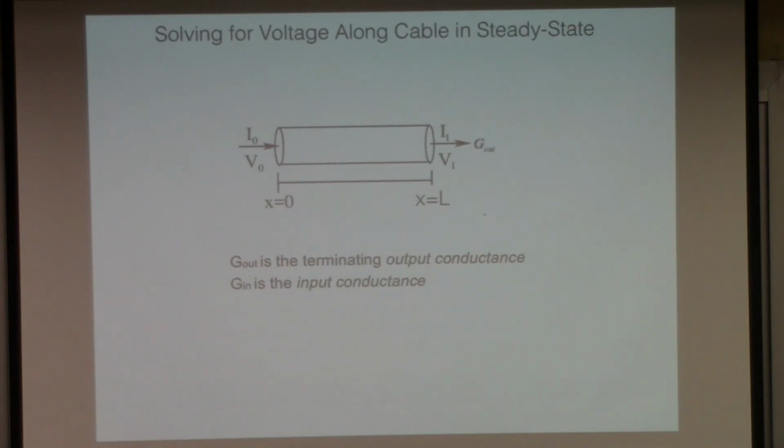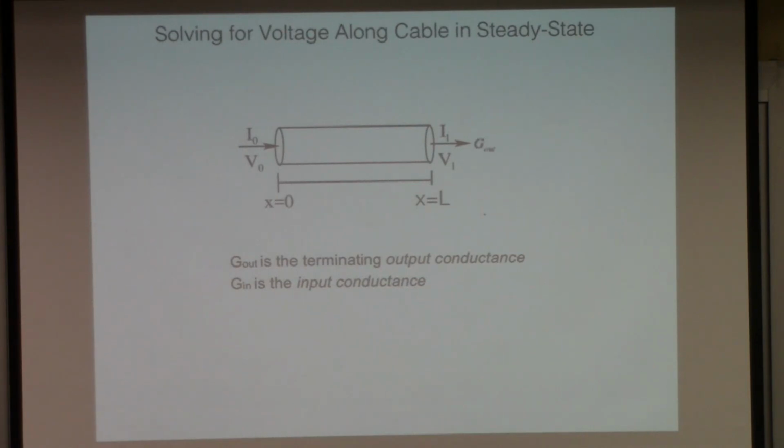That's pretty trivial. It's pretty basic, right? And so what Will Rall proved is that armed with this information, armed with knowledge of this initial voltage, we can get voltage everywhere along the cable. And he put things into a form that's simple to work with.